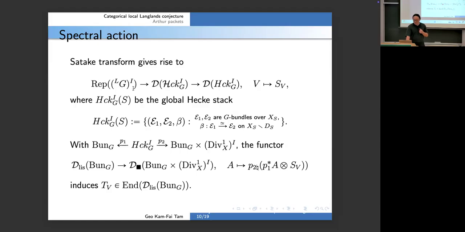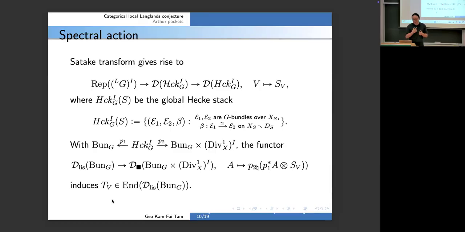And remember, this one is related to the perfect complexes of Par G. So in this way, we have this operator.